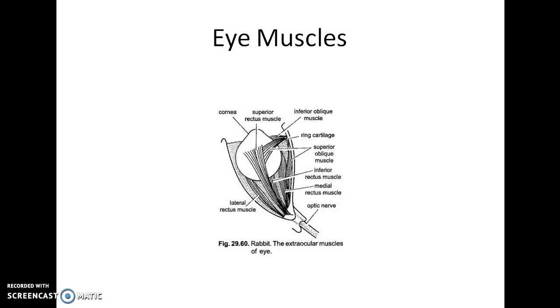Each eye is guarded by a movable upper and lower eyelid and an opaque third eyelid called the nictitating membrane. So there is an upper eyelid and a lower eyelid.